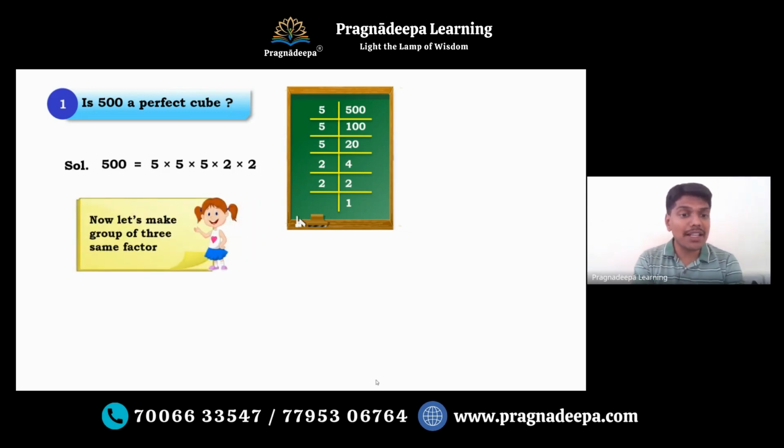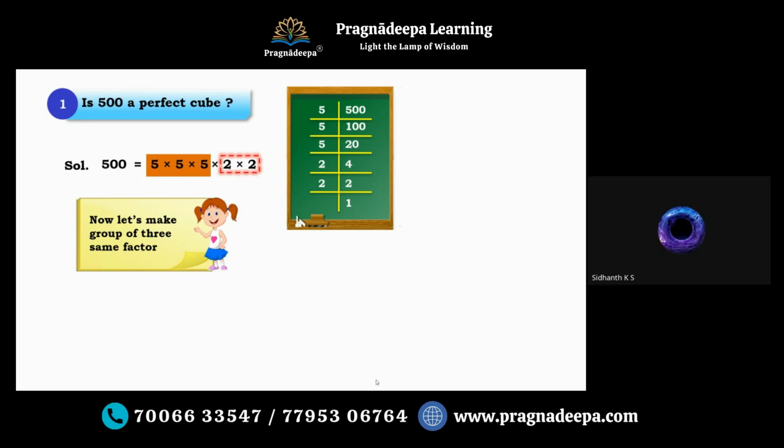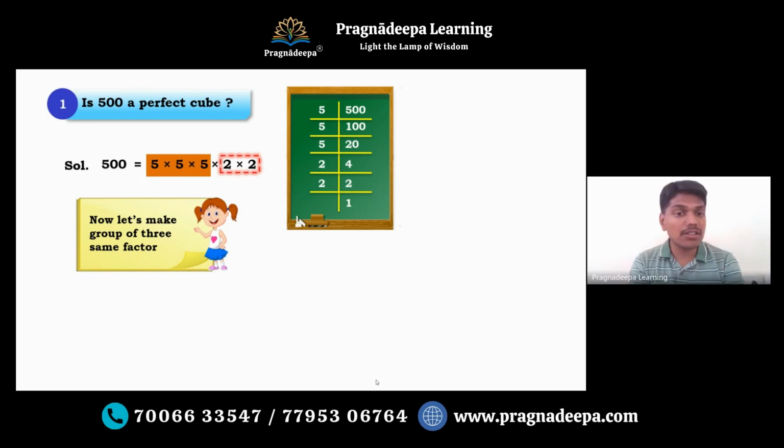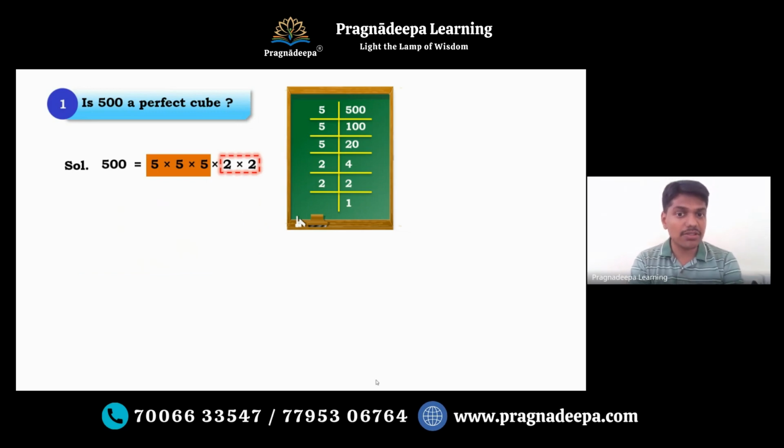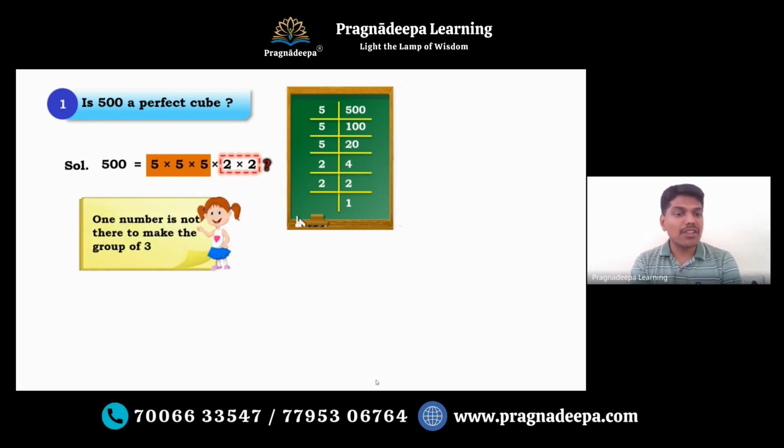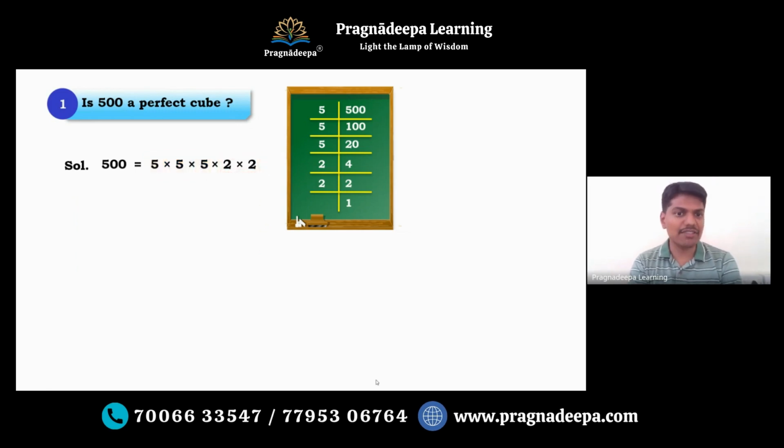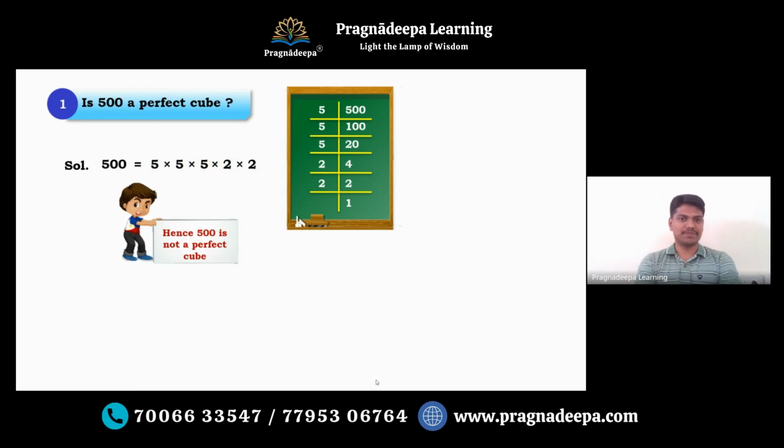You have to group them as 3 of the same factors. So 5 is grouped. Can you group 2 with 3 same factors? No, you cannot. So one number is not there to make a group of 3. Which is that number? 2 itself, correct? Therefore, 500 is not a perfect cube.